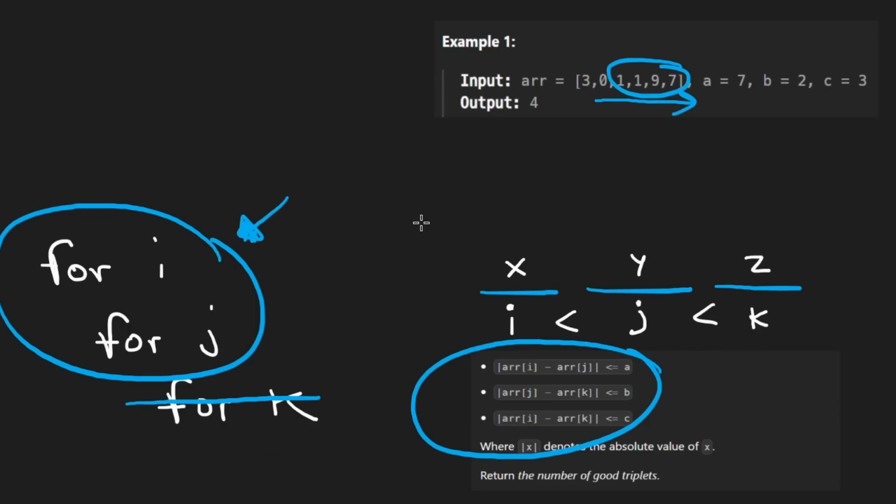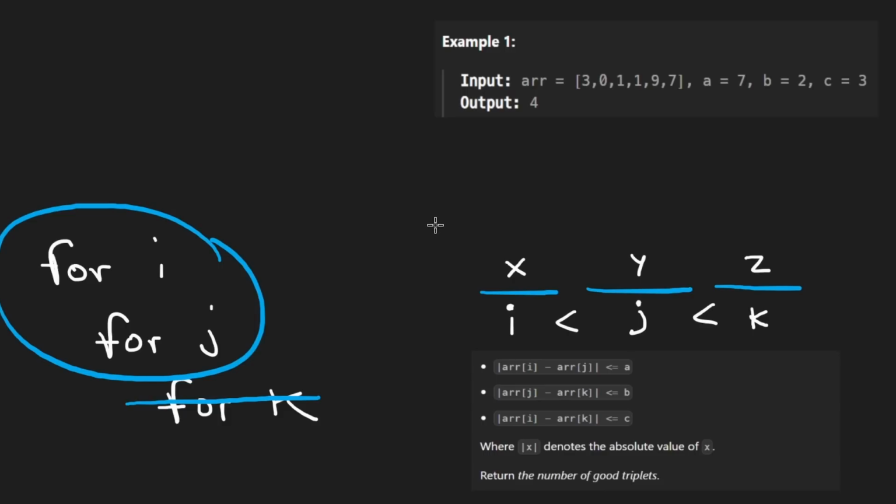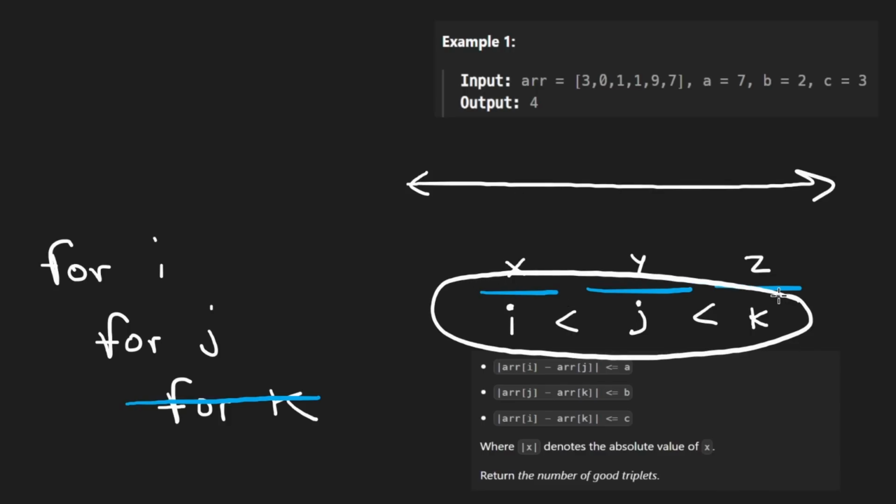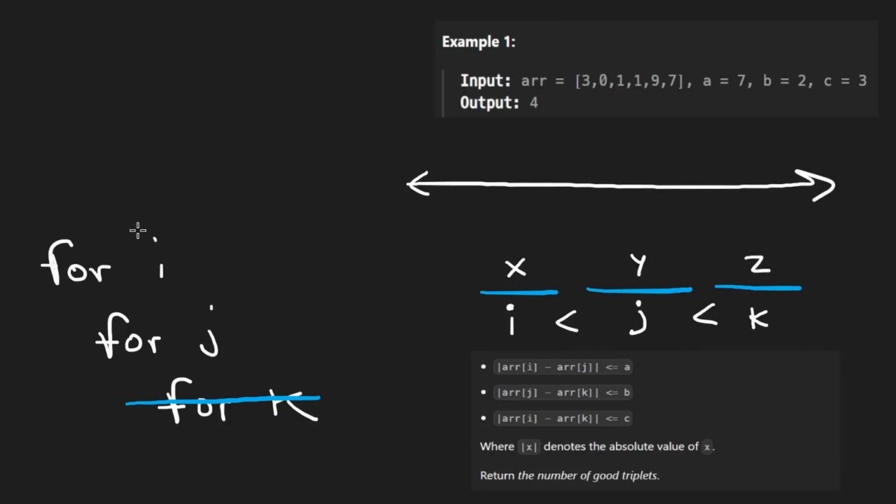So again, let's go back to a simple picture so that we can understand. Think of it in terms of the number line or something like that. We already know the relationship between the indexes, but let's suppose that we fixed these 2 loops. My current number at index i, let's say it's over here. Let's just put i over there.